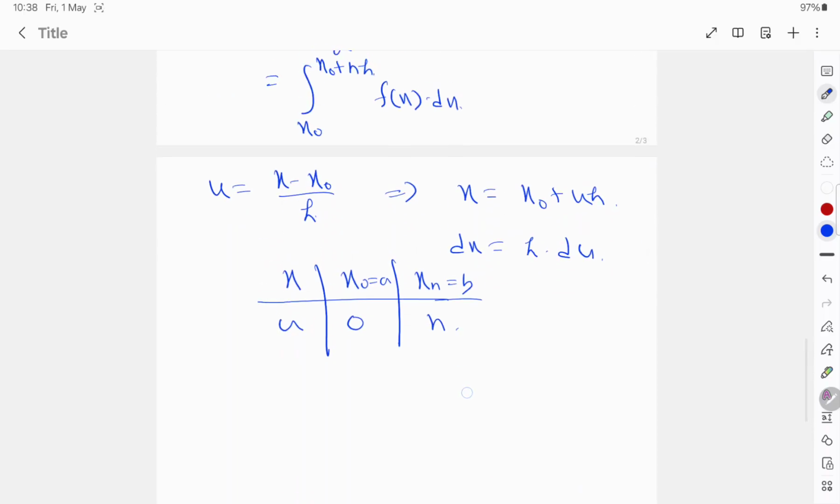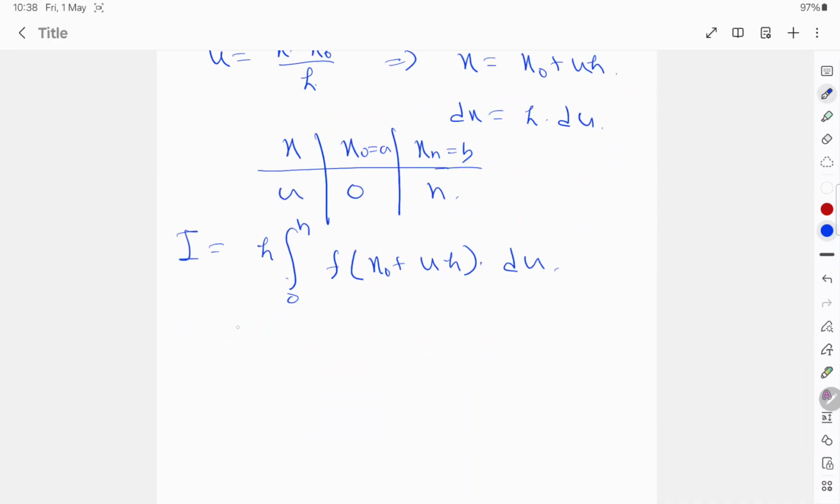So what this integration becomes: you can write I equal to h times the integral 0 to n f of x0 plus uh du, right?